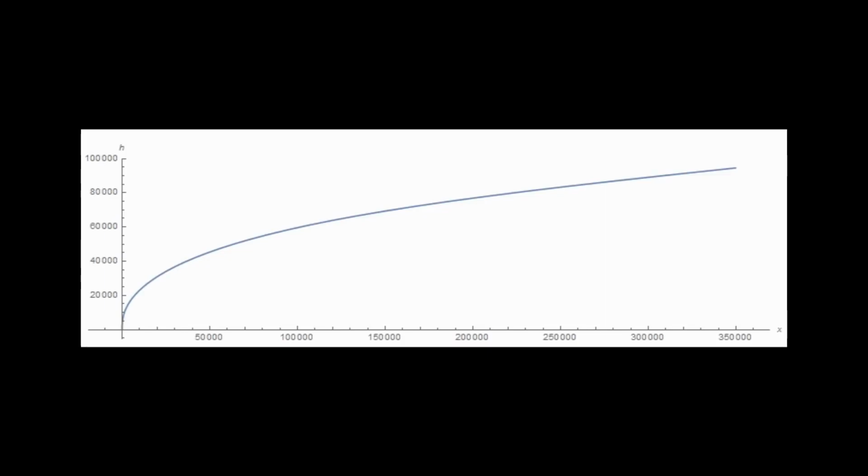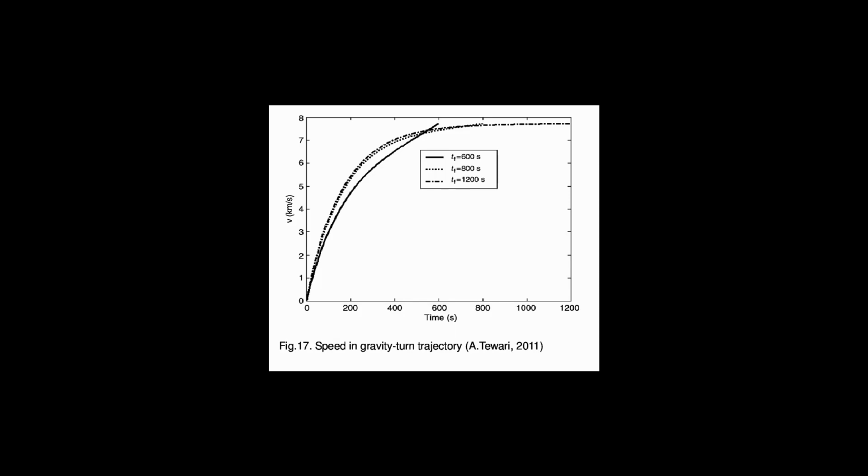You keep the rocket lined up with its direction of flight, keep burning prograde, keep it basically aerodynamically stable, and let gravity do the turnover.